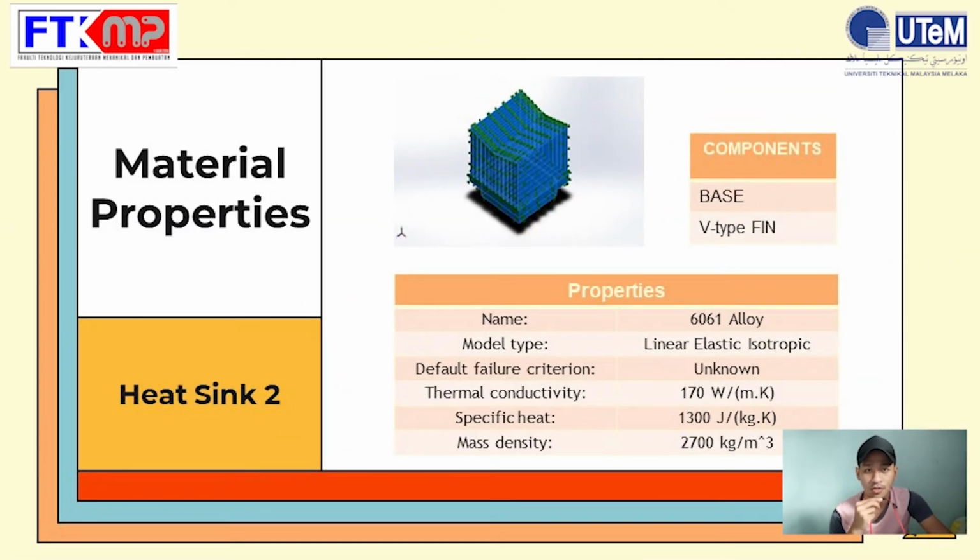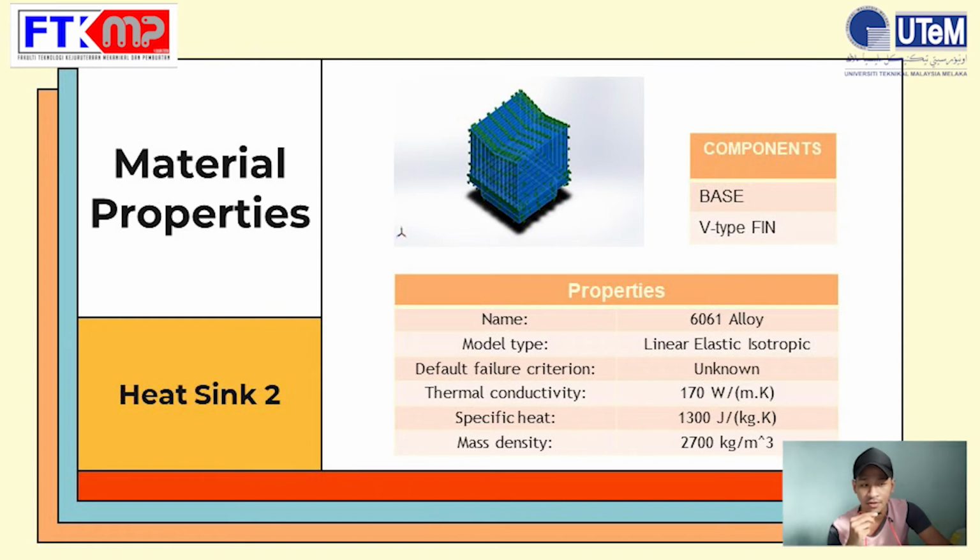Okay, I will continue with the material of heatsink 2, as you can see in the model reference here. The properties we use are 6061 alloy, which consists of model type linear elastic isotropic, and thermal conductivity is 170 watt per meter Kelvin.